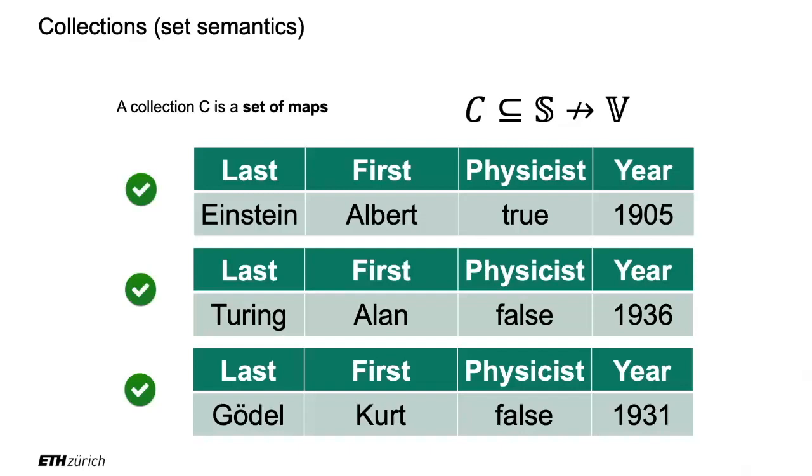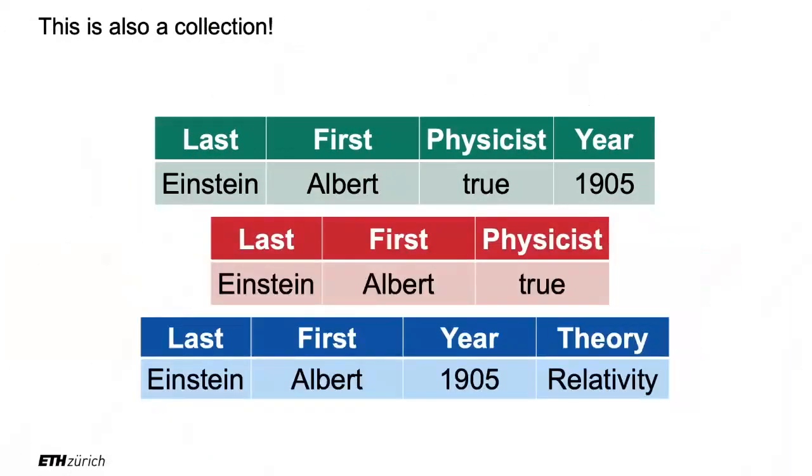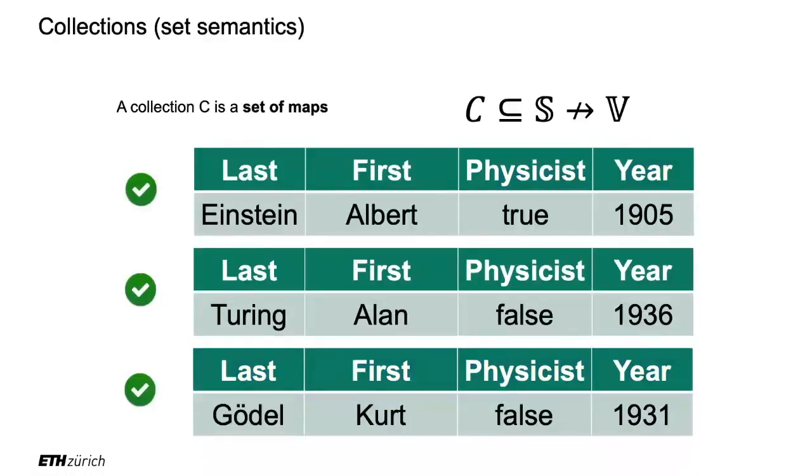These are 3 of them. On the next slide, I have some others. So it's a gigantic set with every single possible map that could ever exist. And when I say that my collection is a subset of that, I don't require all of them, but some of them. So in that case, I have just 3 maps that are in my collection. Does it make sense?